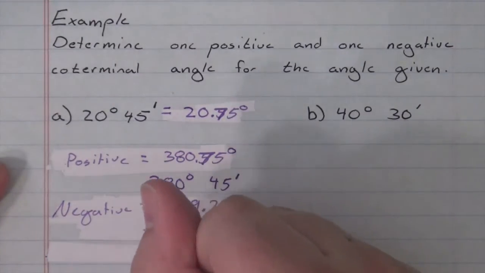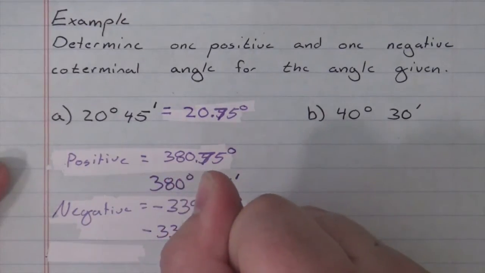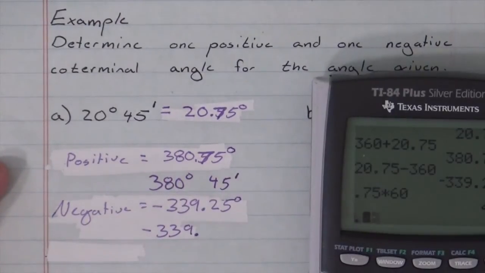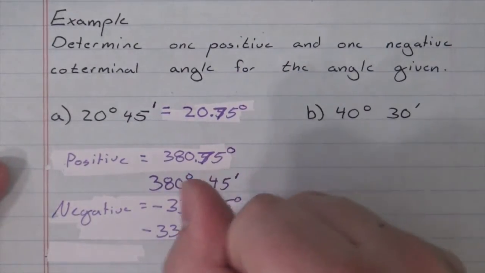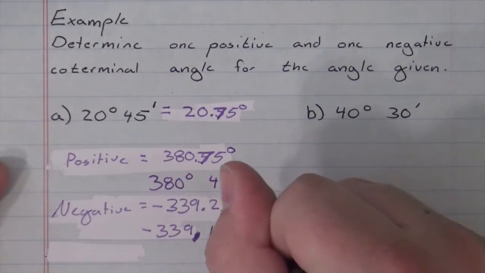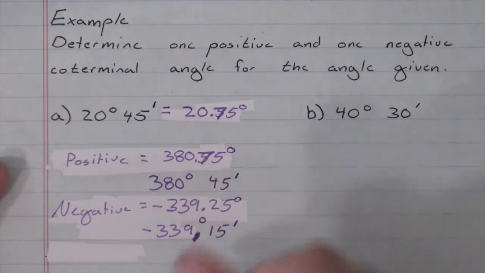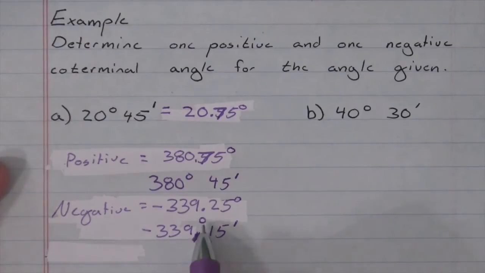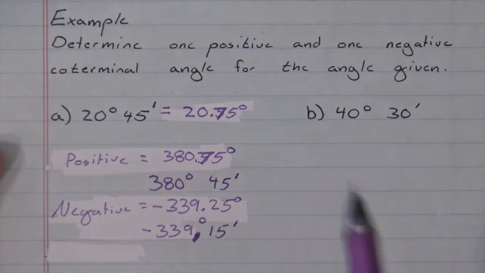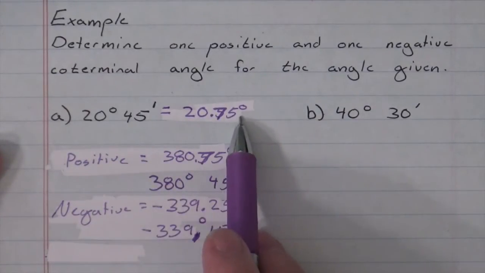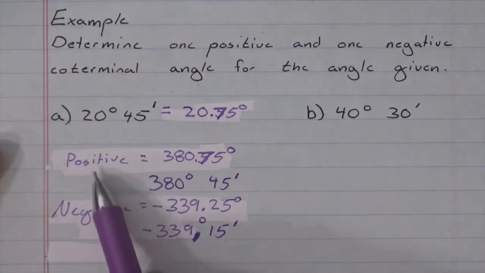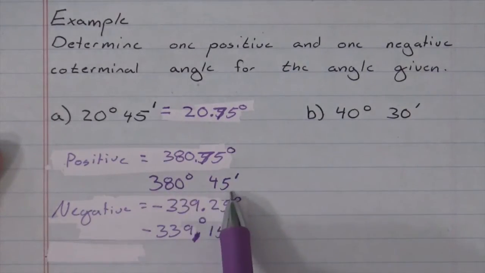We keep the negative 339, and we change the 0.25 by multiplying it by 60, and we get 15 minutes. So we get negative 339 degrees and 15 minutes for our negative angle. To reiterate, change this all into a decimal of degrees, subtract and add as needed, and then change it back to minutes.